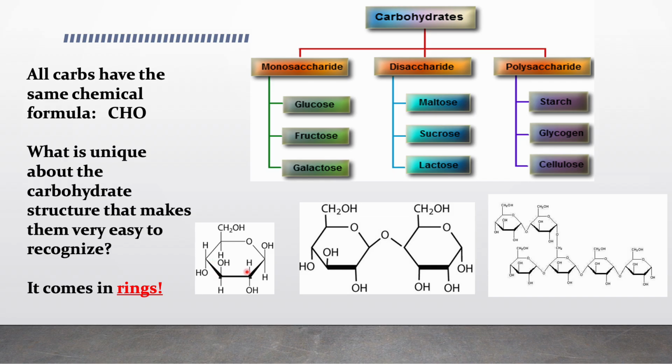If you have one ring, that's one monosaccharide, such as glucose, fructose, galactose. Here we have two rings represented, so that's a disaccharide. Examples: maltose, sucrose, lactose. And then this last one, we have several rings put together. That represents our polysaccharide. Examples are starch, glycogen, and cellulose.